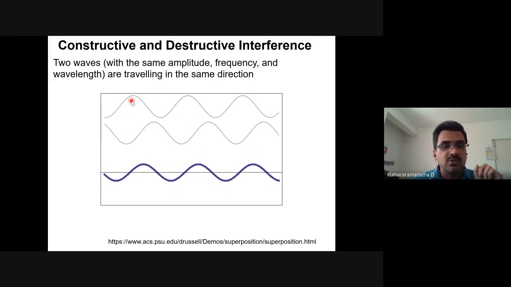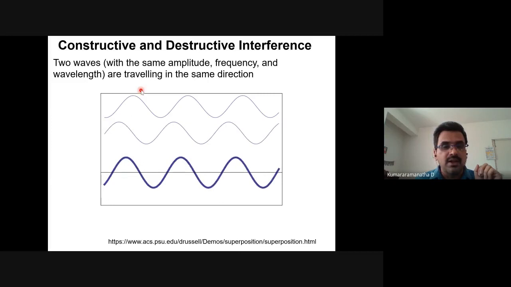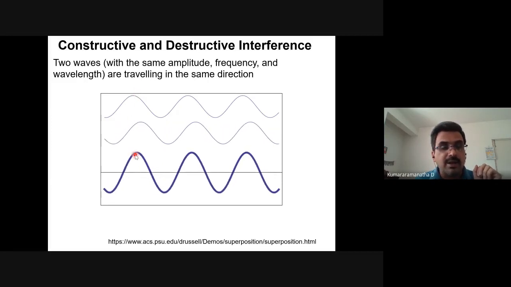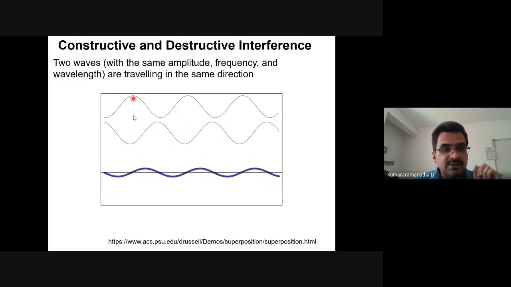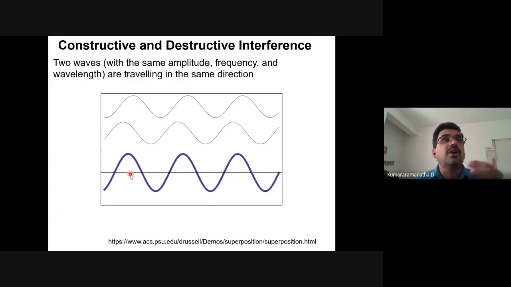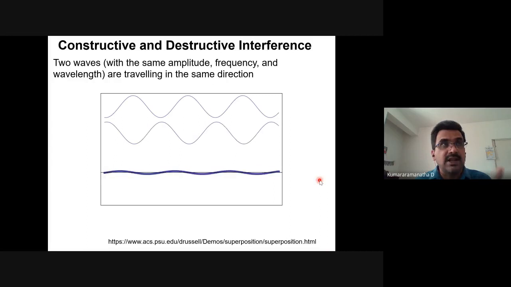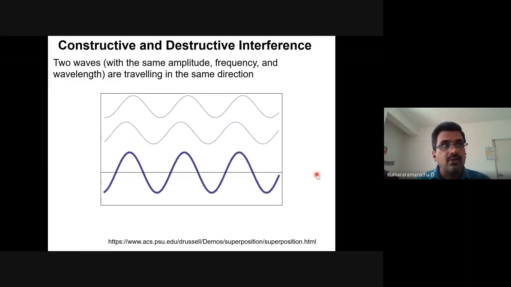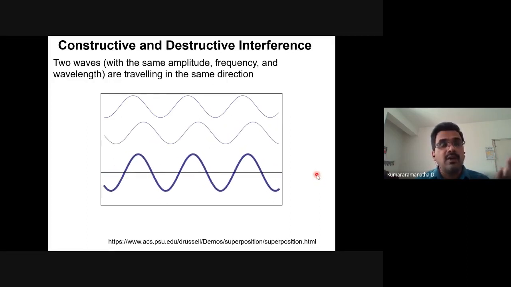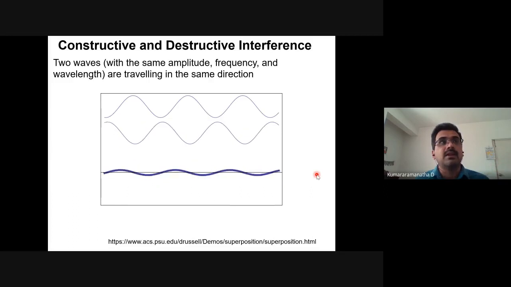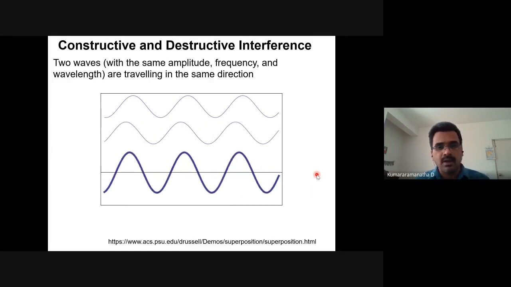So these are the two waves. For example, you can see this wave and this wave, when they combine, you get constructive interference. When this wave and this wave interact, you get destructive interference. I think this is very straightforward. So now our molecular orbital theory is based on such a principle.